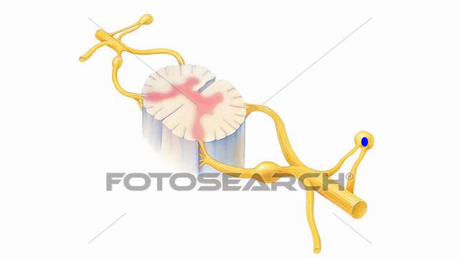Here's the story of the sympathetic part of the autonomic nervous system. Related to the lateral horn of the spinal cord.